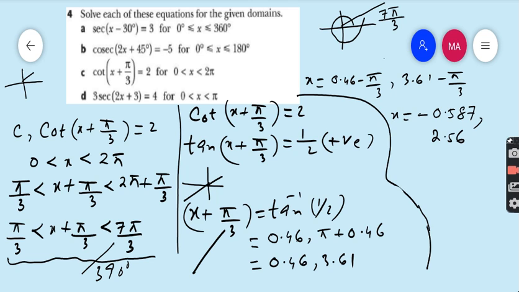So our third angle must be 2 pi plus 0.46, and 2 pi plus 0.46 is 6.74.